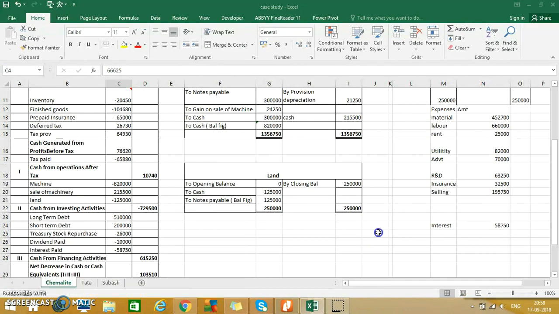As you very well know, land is an asset, and assets have a debit balance to start with. You will have to start with the opening balance on the debit side, and whenever you are acquiring the asset, it goes on the debit side, and whenever it is being sold, it is to be taken on the credit side. This is a very basic structure of accounting. So here he says that the asset is being acquired for 2,50,000.